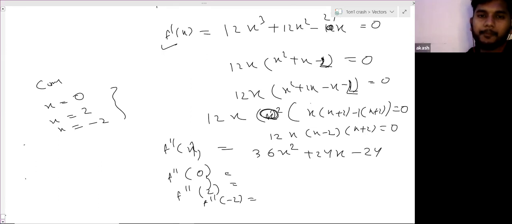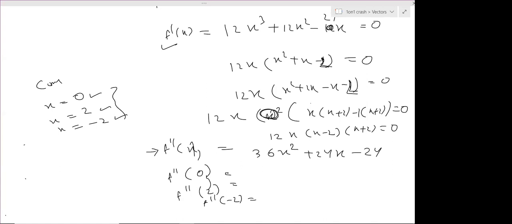Just put these critical points into the double derivative. Tell me the values. f double dash 0 is minus 24.